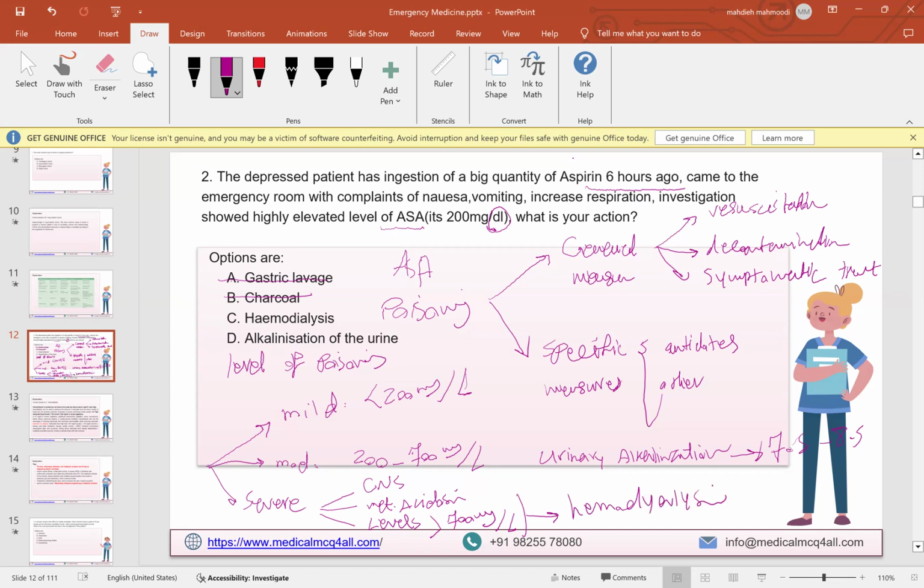So can you tell me, based on the things that I told you, which type of poisoning this is? The question, mild, moderate, or severe?